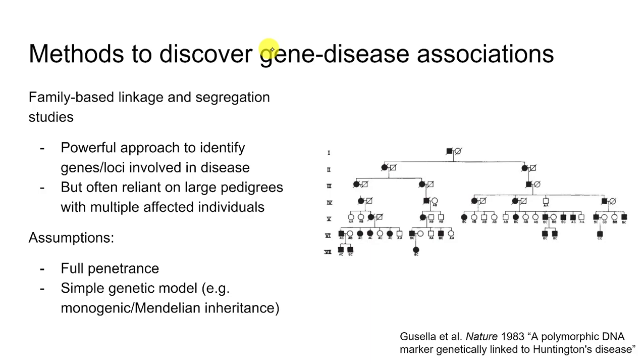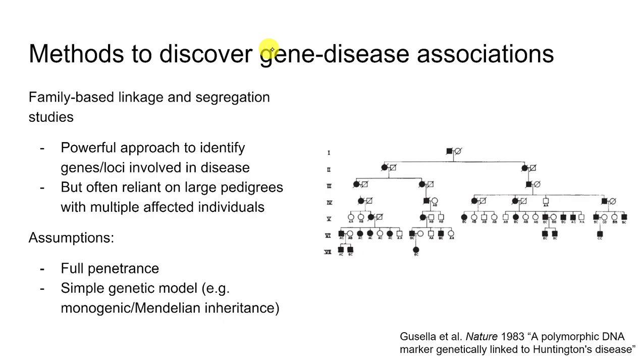You can see they're using this big pedigree, showing which individuals have disease and which don't, so cases and controls in a big family. This is a really powerful way to find associations for disease, but it depends on having this large pedigree and having multiple affected individuals, so multiple cases in this family.